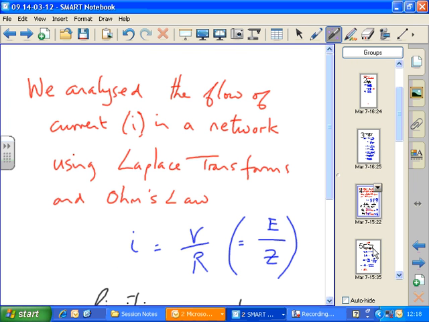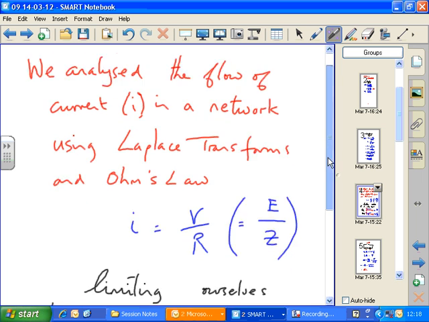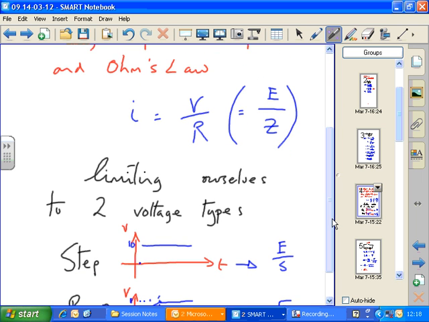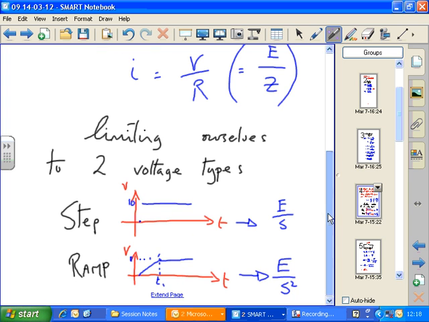We analyse the flow of current in a network using Laplace transforms and Ohm's law. There's Ohm's law, thinking of V over R as actually E over Z, where Z is the total impedance of the network, and E is the voltage we've got across the top. Remember, we're going to limit ourselves, as we were talking about last week, to 2 voltage types: the step, which transforms to E over S, and the ramp, which transforms to E over S squared.